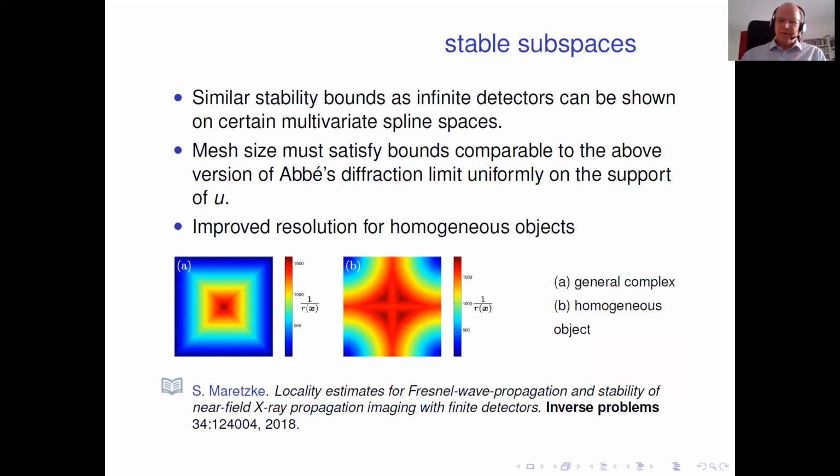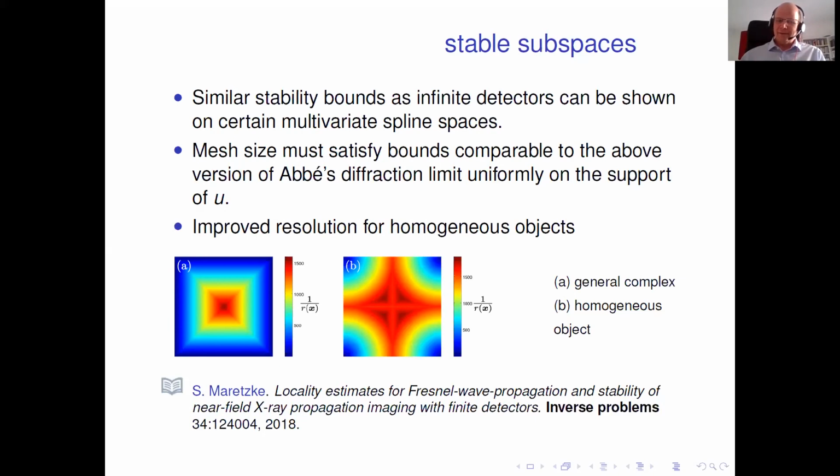And more precisely, these finite dimensional subspaces were tensor product spline spaces, so multivariate spline spaces. And then, yeah, he derived complicated bounds on the mesh size, which essentially are very close to these heuristic bounds on the resolution. Okay, so this is kind of then a precise derivation of this form of Abbé's diffraction limit.